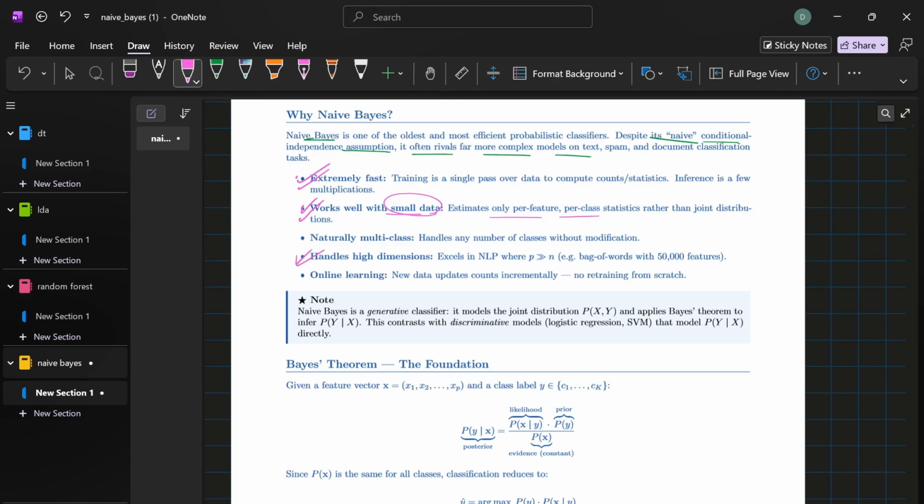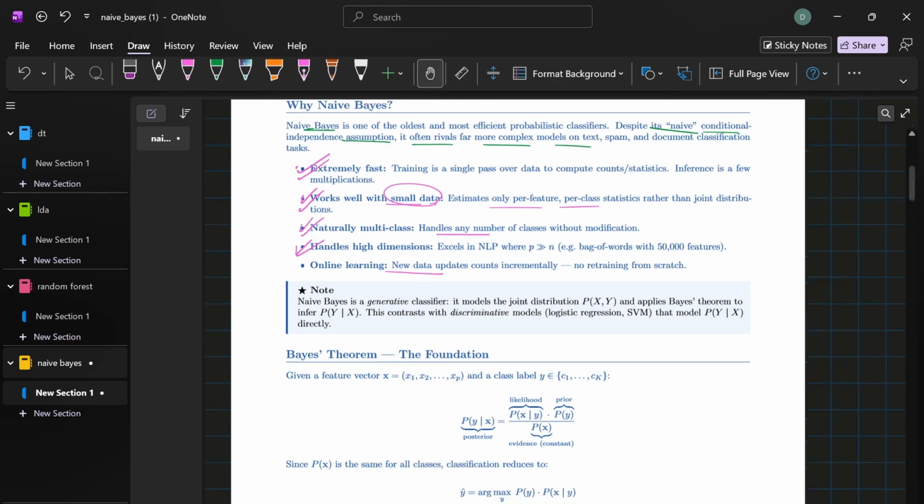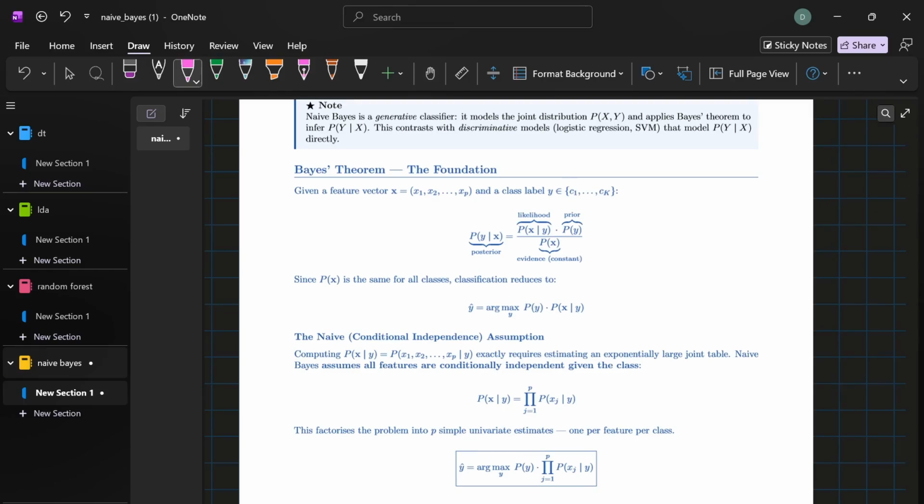Okay, now let's start with how Bayes' theorem works. Bayes' theorem says that given a data point x, the probability that it belongs to class y is proportional to two things: the prior probability of the class, multiplied by the likelihood of seeing that data given the class. In formula form, p of y given x equals p of x given y times p of y divided by p of x.